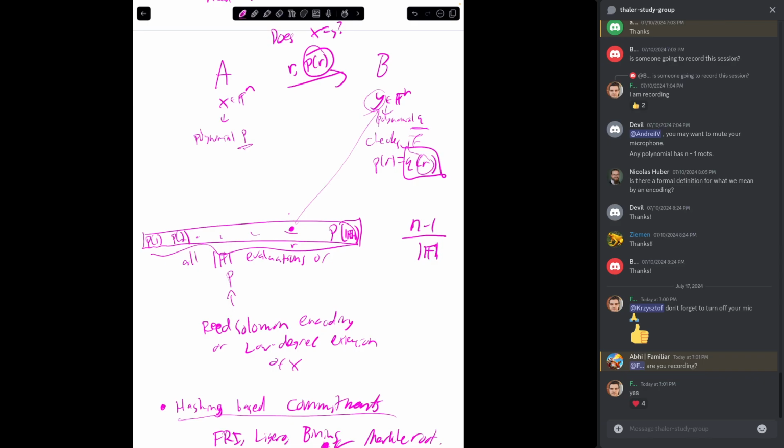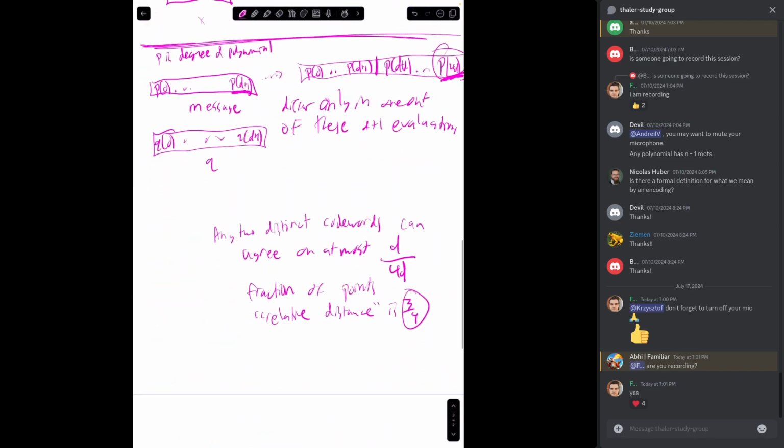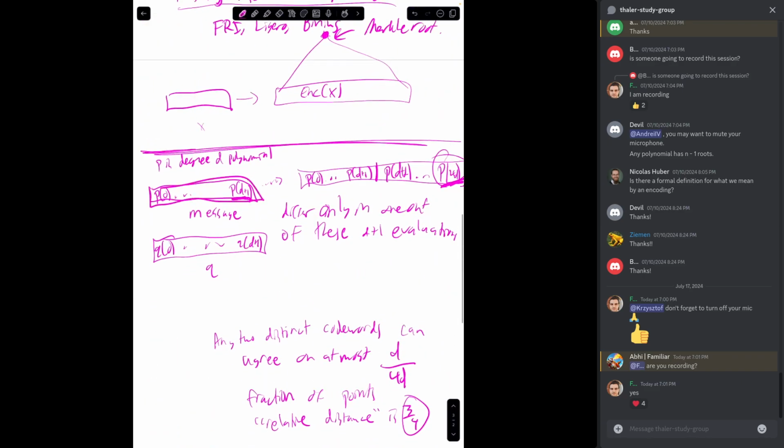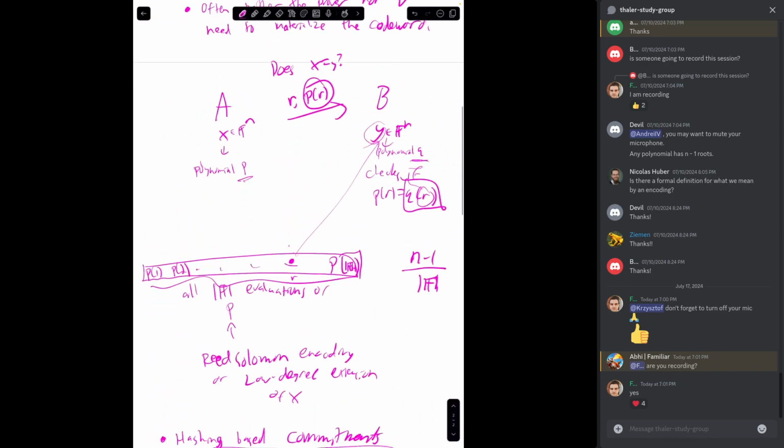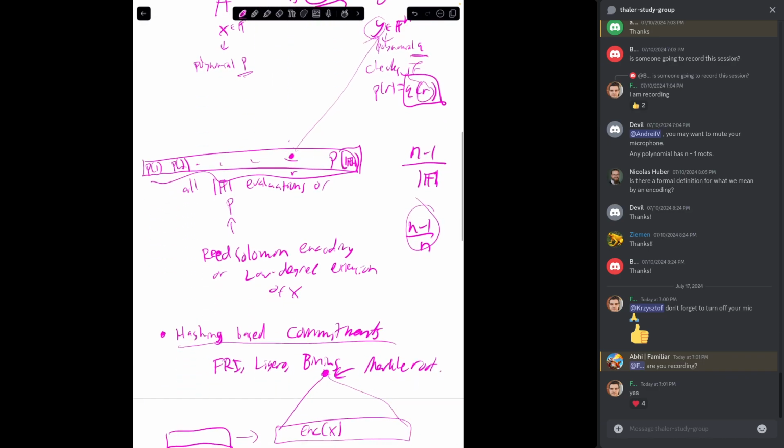And so if R was chosen just from a set of size n, which is what you're sort of proposing here, if you declare these to be the code words, then the error probability becomes just n minus one over n, which is really bad. That's super close to one.